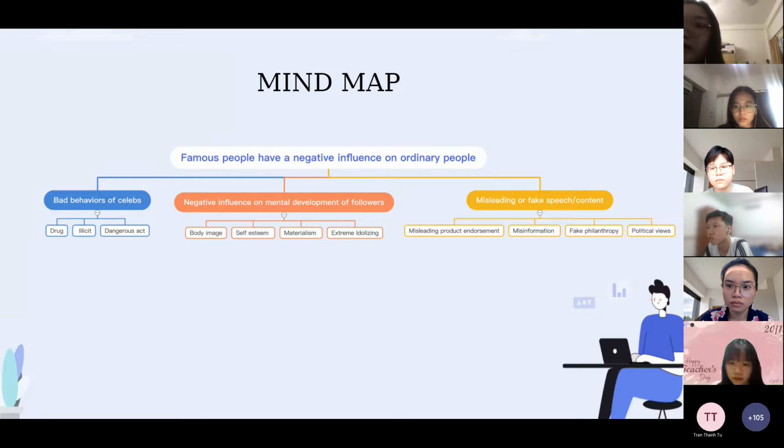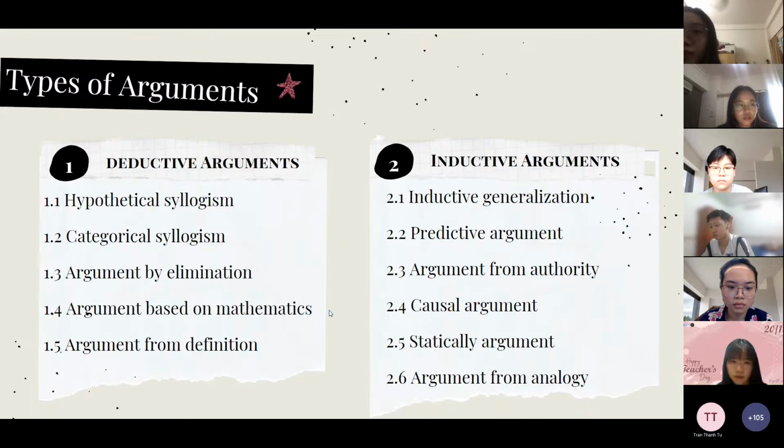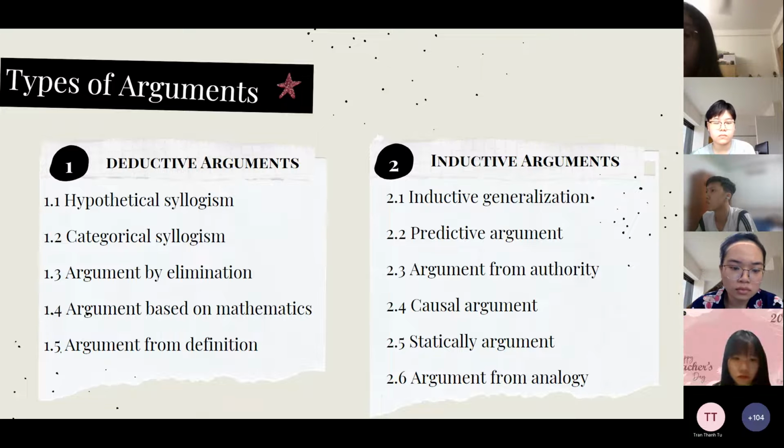And of course, finally, is the political views and how it affects the public's view on the political issue as well. So to start with, these are 11 types of arguments that we will include in our speech.